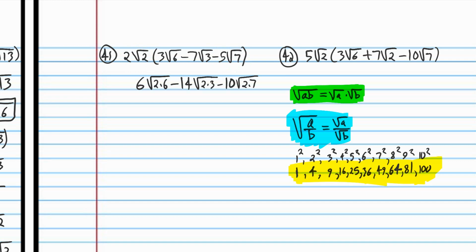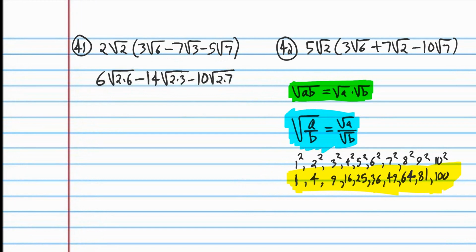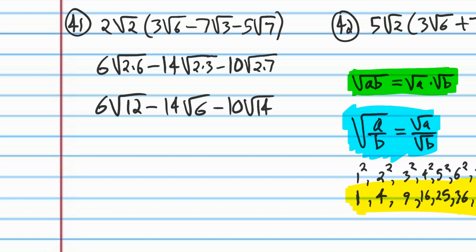So let me just double check that. Make sure I didn't make any dumb mistakes. Everything looks right. I'm just going to move this over a little bit. And then we can go ahead and combine. And the only thing that we can do now is we have a perfect square here, because I know that 4 times 3 is 12 and 4 is a perfect square.